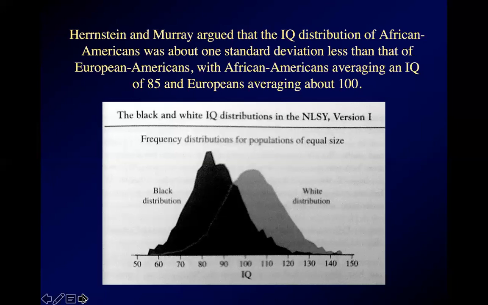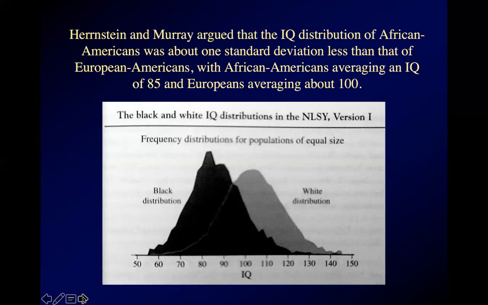And the book is a long argument about this difference being real and this difference also being innate, being something that is in the genes, something that we really can't do very much about and probably shouldn't try.